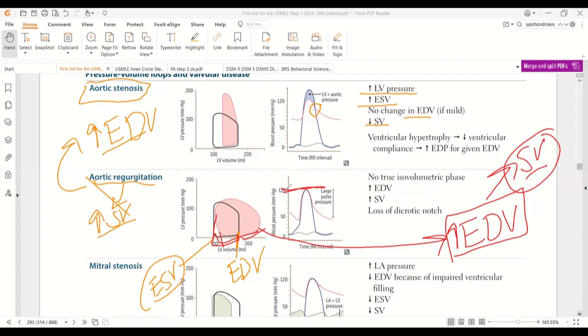Sorry, can you repeat this question? I didn't understand what you are saying. I'm sorry. What I was asking was, in terms of the concept, to make it easy: with aortic regurgitation there's a problem with the valve.